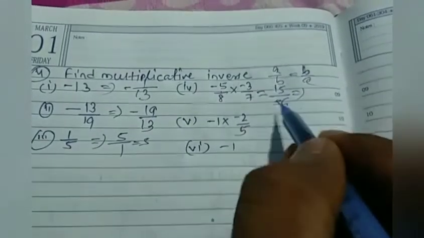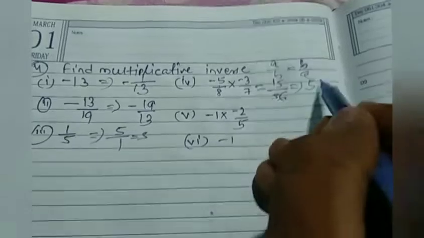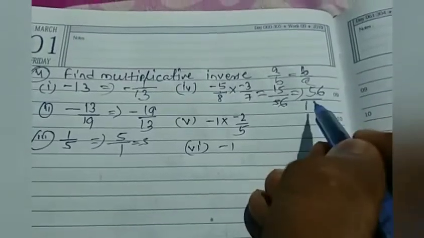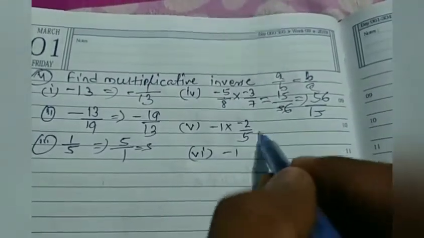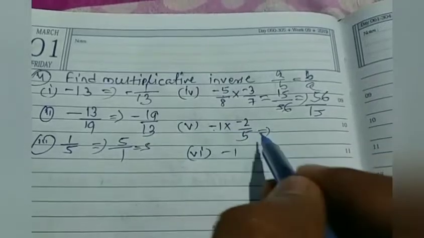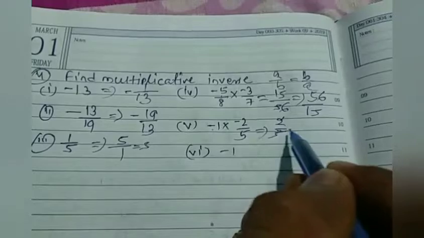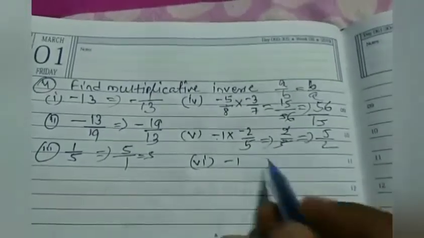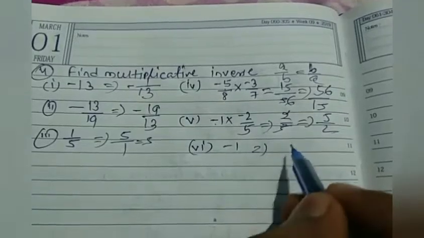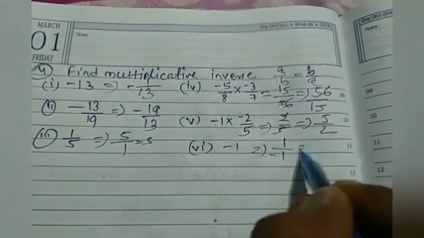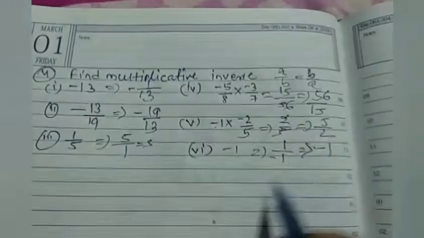So the multiplicative inverse, changing numerator and denominator, is 56 by 15. Here, for 2 by 5, the multiplicative inverse is 5 by 2. Minus 1 is a whole number, so we write 1 by minus 1, which is also minus 1.